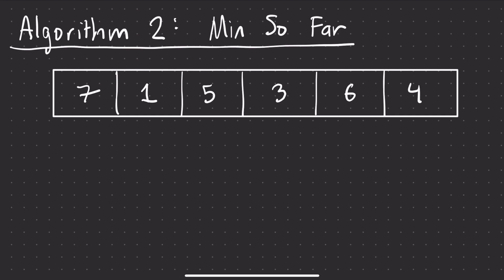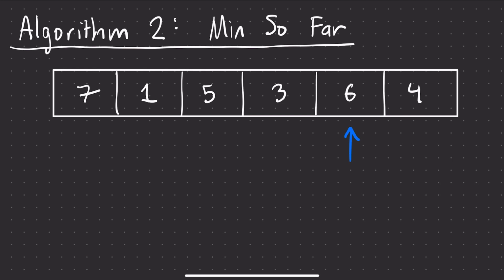So basically the idea with min so far is we consider selling on different dates, right? And remember that if we sell on a certain date, we have to have bought on a previous date, right? So for example, let's say we are selling at the value 6.